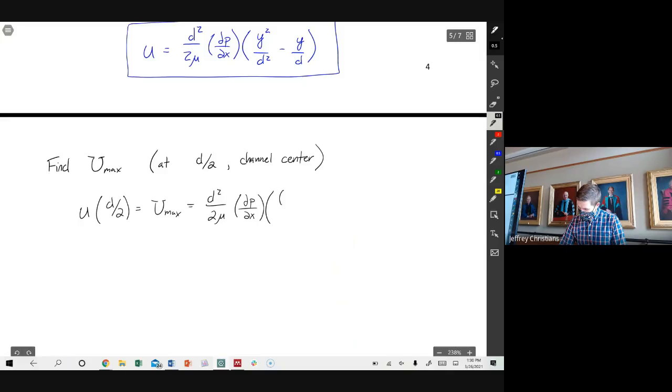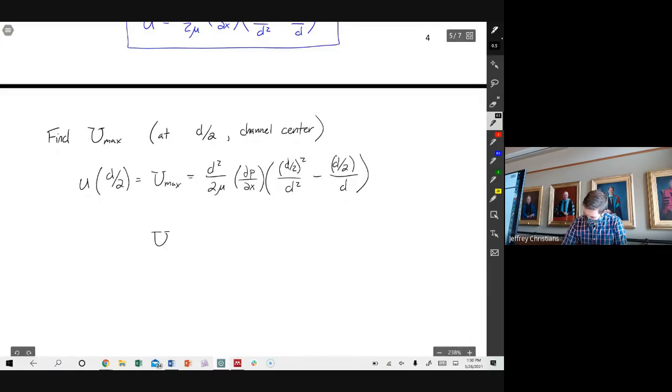So this is d over 2 squared divided by d squared minus d over 2 divided by d.